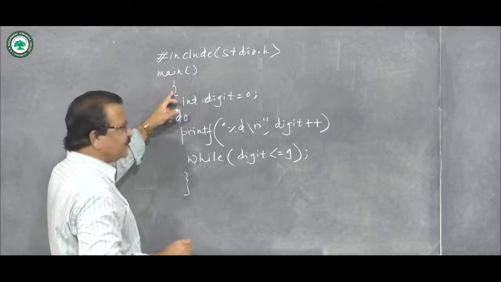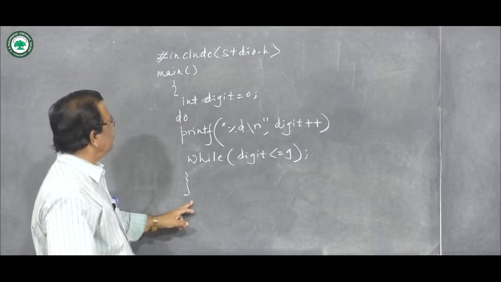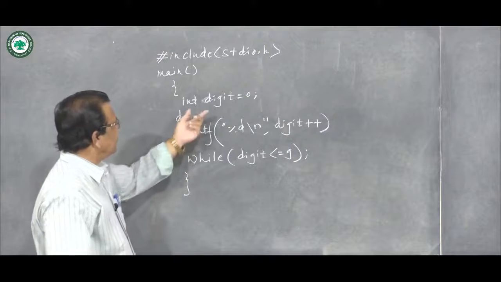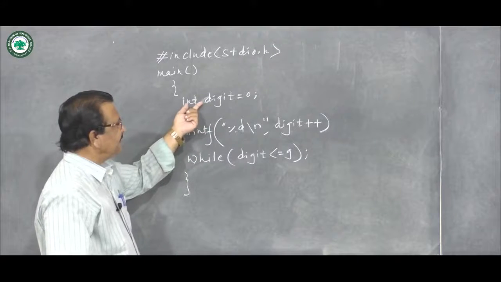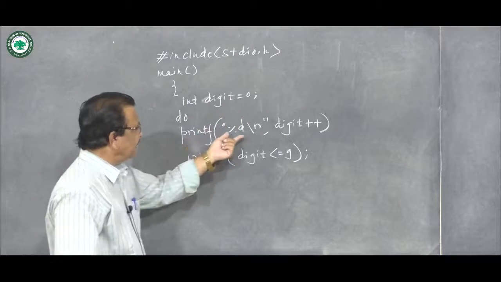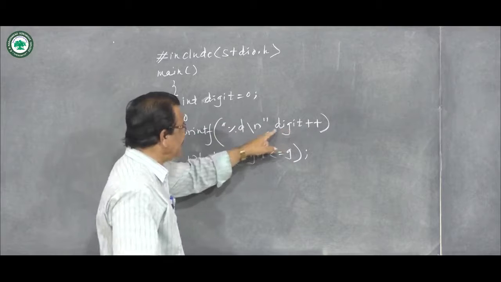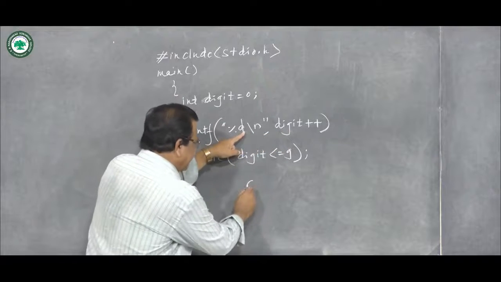So corresponding to this left brace, we have this right brace. How does this program get executed? digit is declared as an integer type of variable and is initialized to 0, then this statement gets executed. The current value of digit is 0, which will be printed.